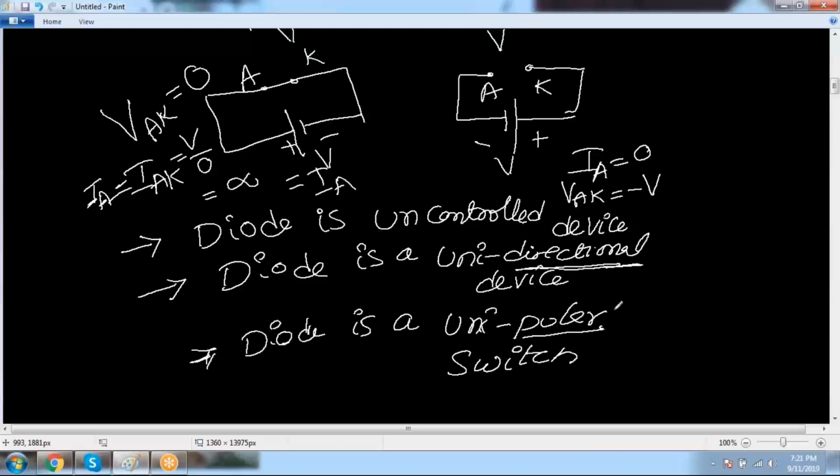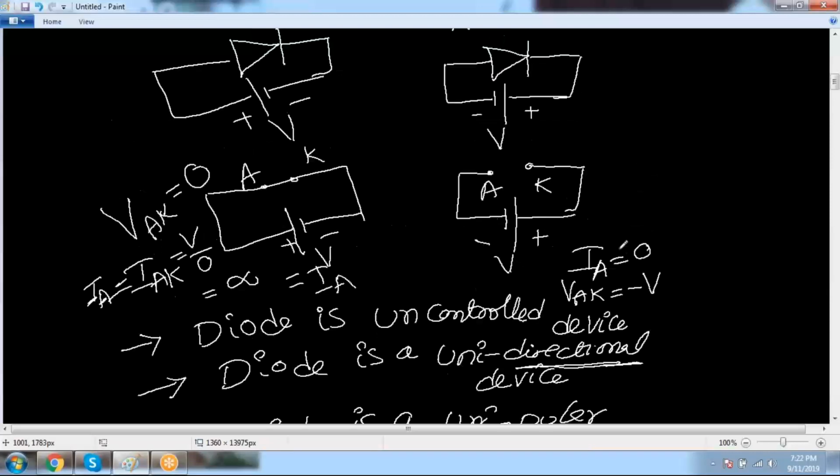Direction is for current and polarity is for voltage. Now, instead of calling it polarity, can I call it polar, the first five letters of polarity? Okay, polar is for voltage and direction is for current.